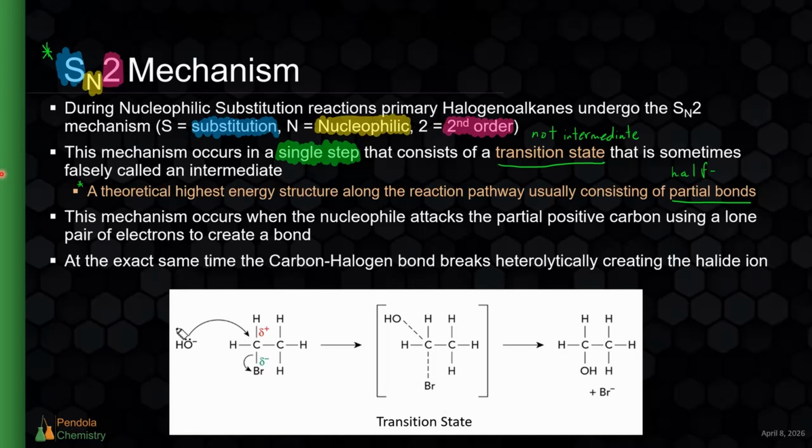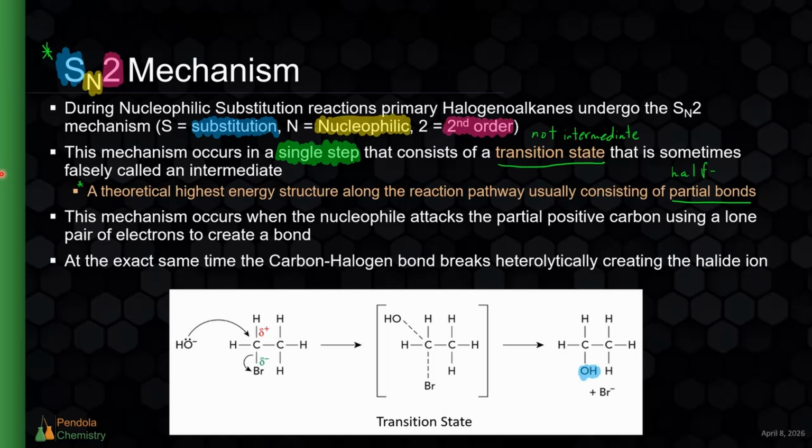Remember, a substitution reaction can be seen because the halogen in the halogenoalkane is going to be substituted by the nucleophile, in this case, the hydroxide ion. So we can see how from the reactant to the product, we have that bromine being replaced by the OH. In SN2, that happens all at once. That's going to happen all in one step. That's why SN2 reactions are going to happen in a single step.